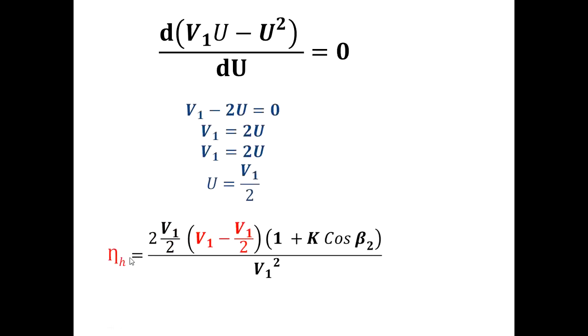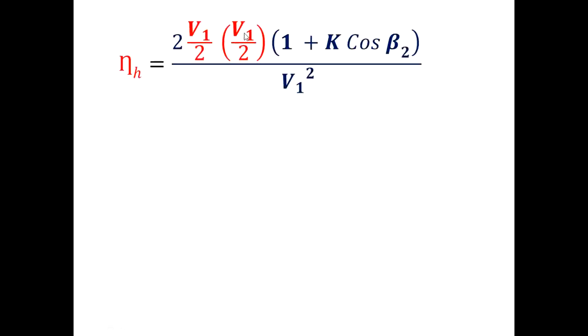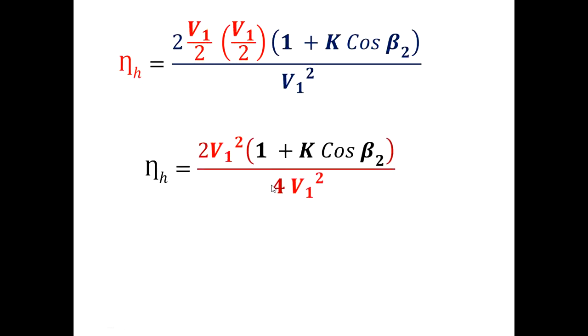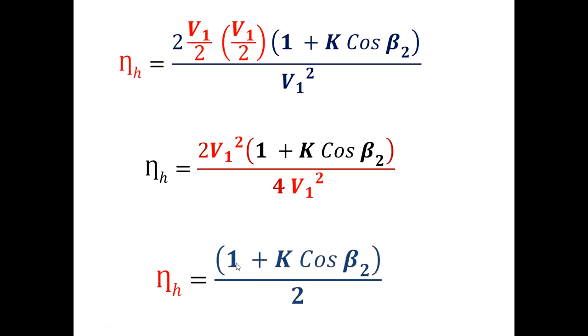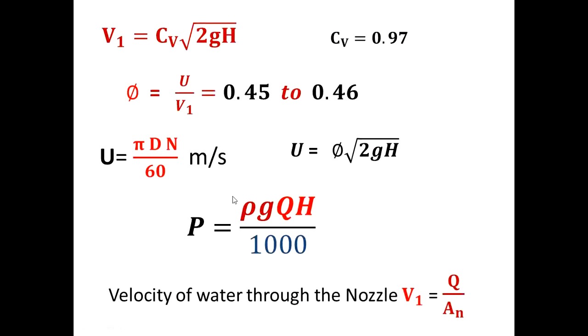Put this in the equation for maximum blade efficiency, v1 instead of u: v1 minus v1 by 2 is v1 by 2, so it becomes v1 square divided by 4, times 2, giving half of 1 plus k cos beta 2. This is how you do the derivation.